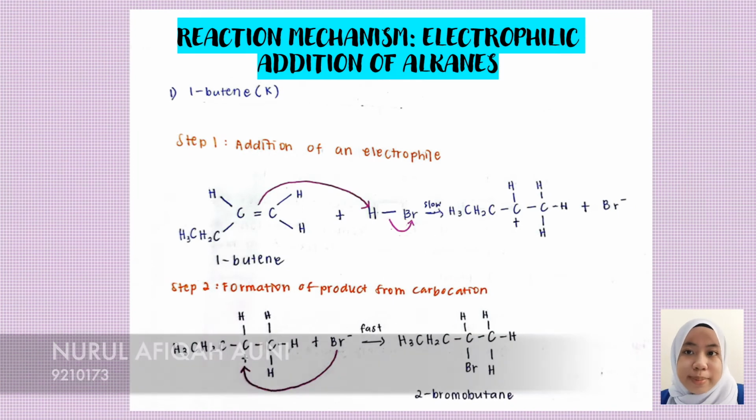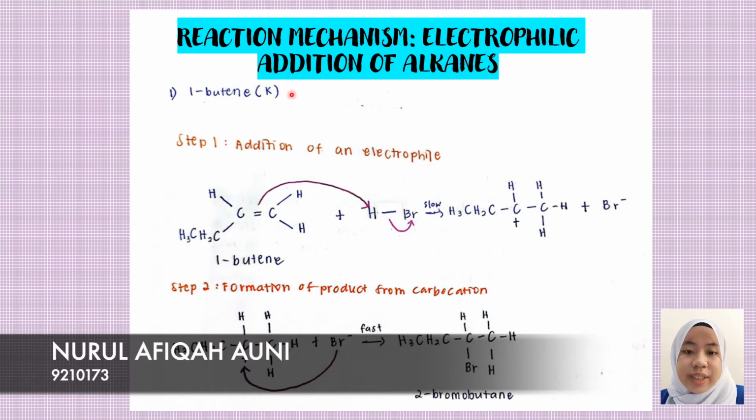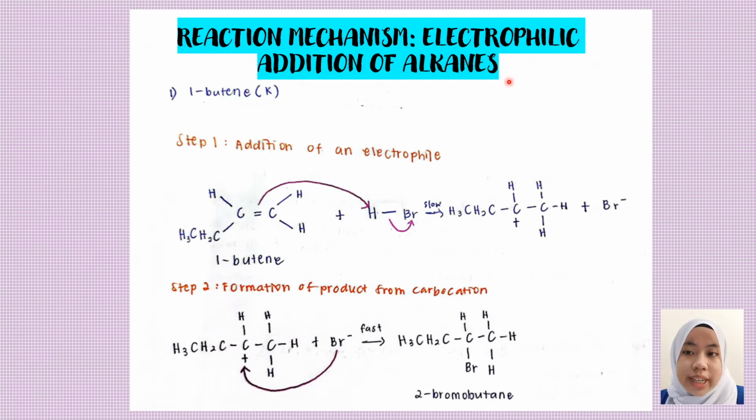So now I will explain the reaction mechanism involved, which is the electrophilic addition of alkenes. The first isomer is 1-butene, also known as K, and there are 2 steps in this reaction. The first step is the addition of an electrophile. We know that the double bond is a nucleophilic site with high electron density, so it will attract the electrophile, which is this H, and produce a carbocation and bromide.